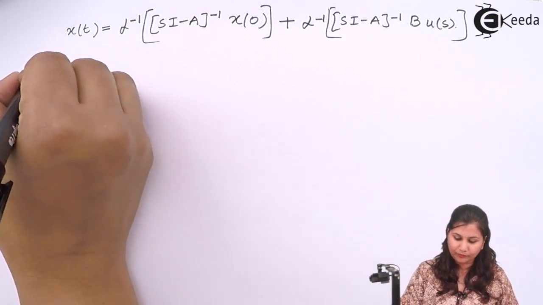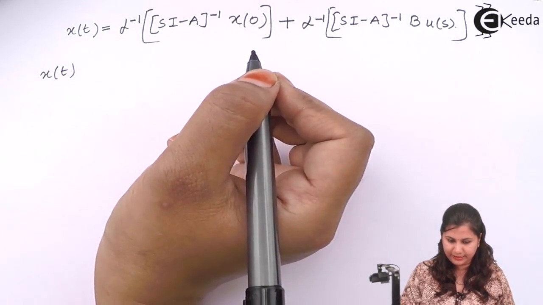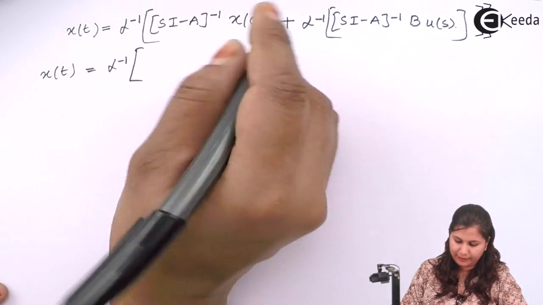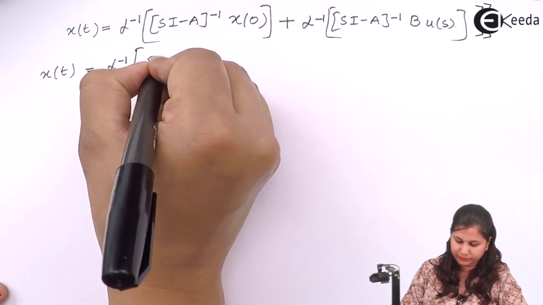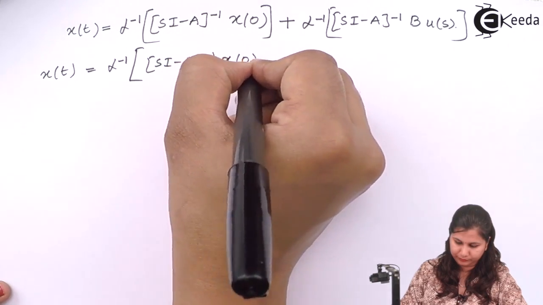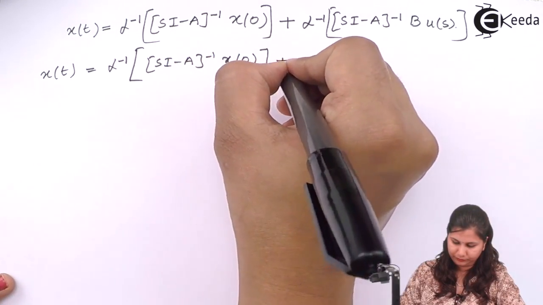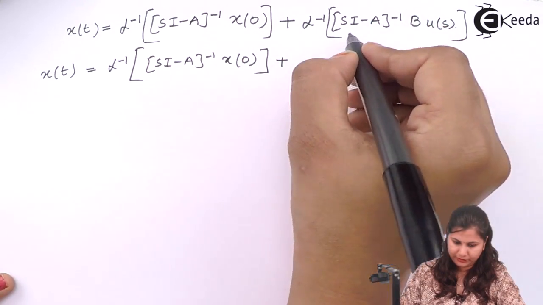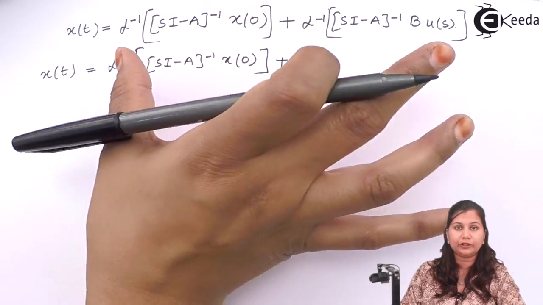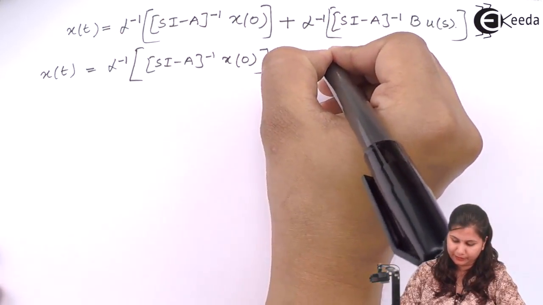Okay. Now applying this, we have x(t) equals the inverse Laplace transform of all the terms plus the inverse Laplace transform of this. So we are breaking it into two parts. First is this part and second is this part.